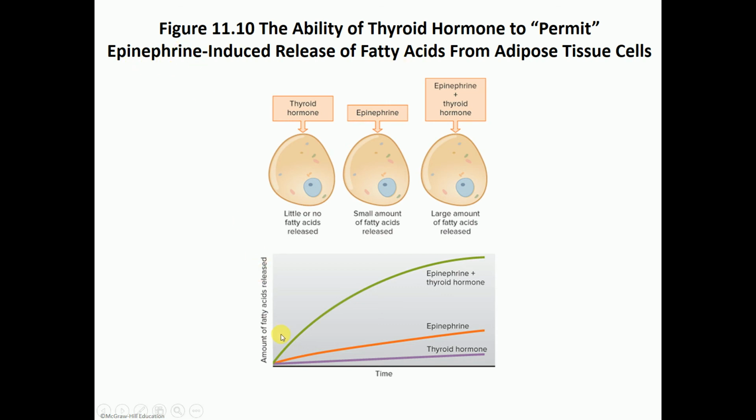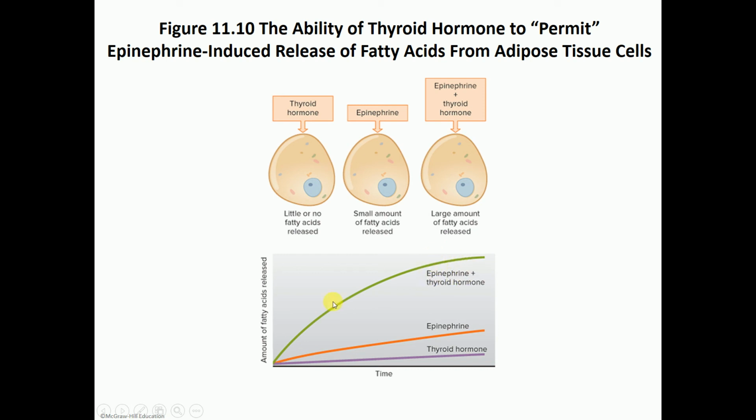So you see here, if you plot time against how many fatty acids are released, if you look at that orange graph, epinephrine can do it on its own, but it's not doing a very good job. Thyroxine has the same effect on adipose tissue, but again, it's an even worse job than epinephrine. But together, you see here that there is that permissiveness, where now, because we have thyroid hormone with epinephrine, thyroid hormone is going to permit or enhance the effect of epinephrine on the adipose cells.